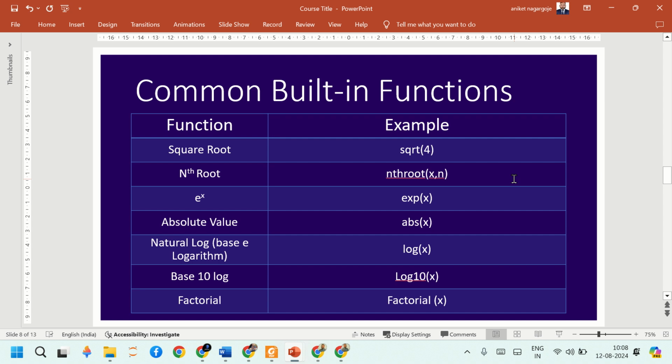Then if you have to find e to the power of a number, 1, 2, 3, then we have the exponential function. Then there is absolute value, then natural log, then base 10 log and factorial. So we'll see how this works in MATLAB.